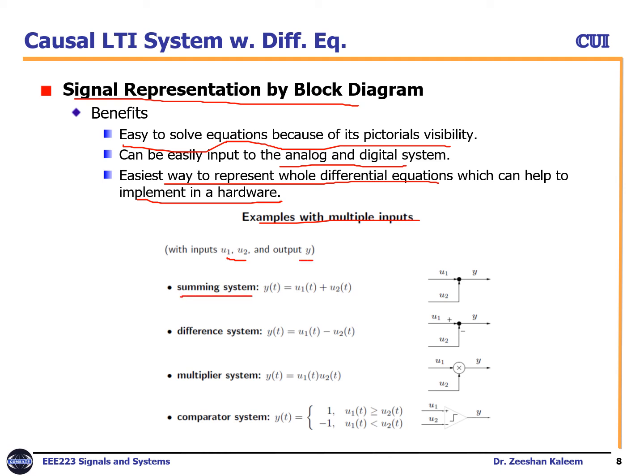For example, in the summing system, we have u1 as an input and u2 as another input. We sum up here and we get the output y. So this is a summing system. In the difference system, we have u1 here and a negative sign here, so we get y as output. Similarly, for the multiplier system, we have a multiplication sign here and we get the multiplication output of the system, and so on.